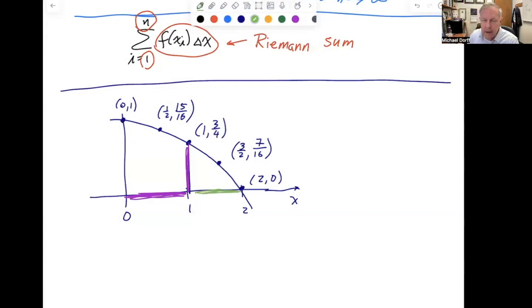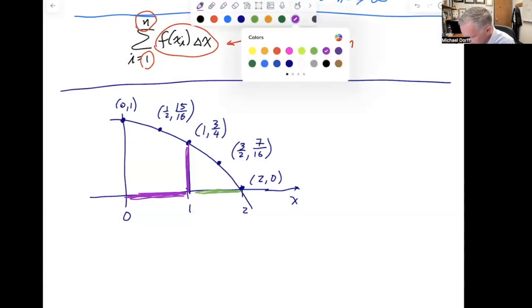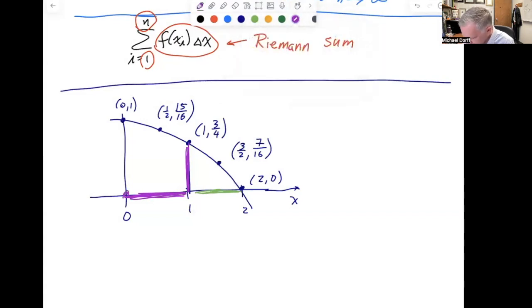Now, how do I figure out the height of these rectangles? Well, it said to use the left endpoint. So for the left rectangle, I use this point, go all the way up to the curve here, and there is my first rectangle.